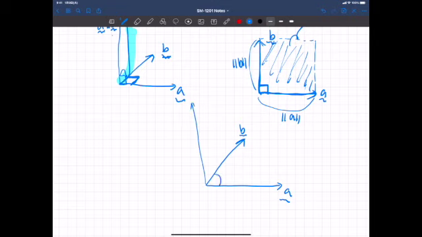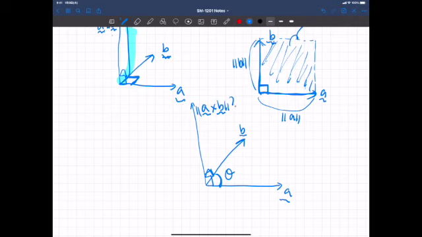This is a right angle, but the angle between A and B, let's say theta, is not the right angle. So in this case, what's the length of A cross B?